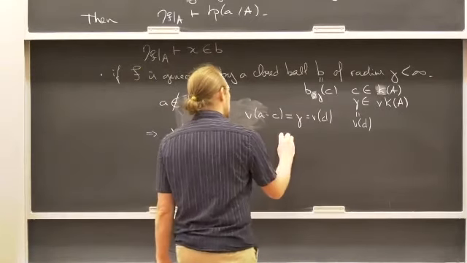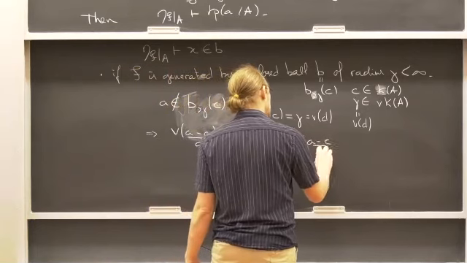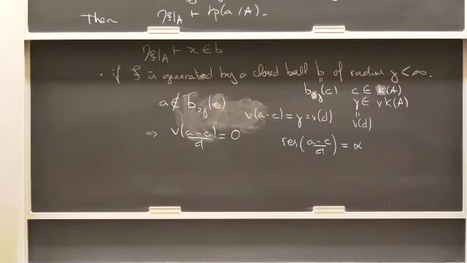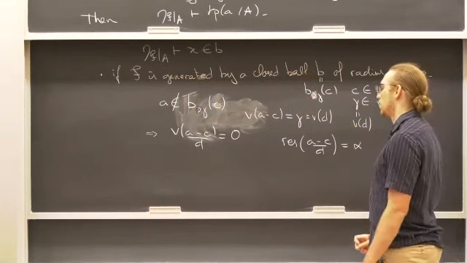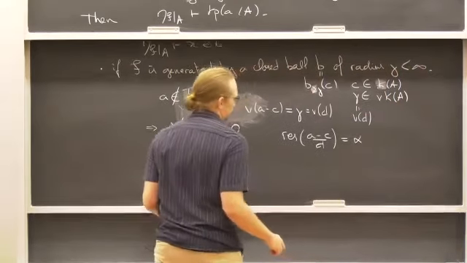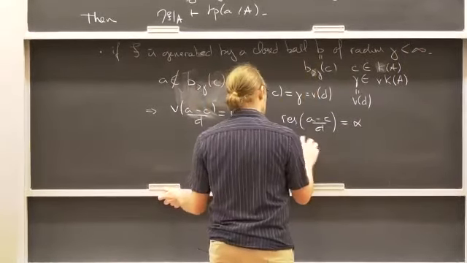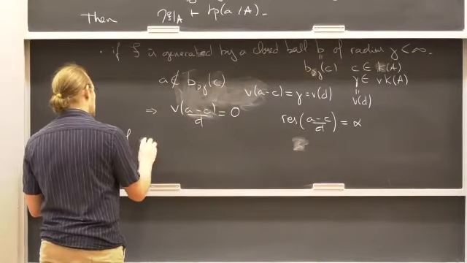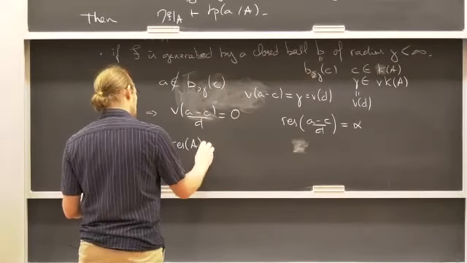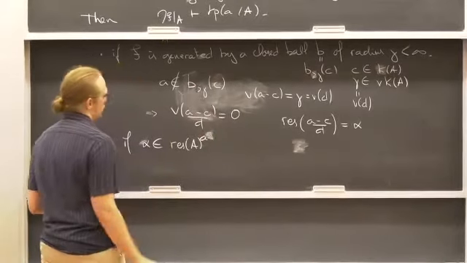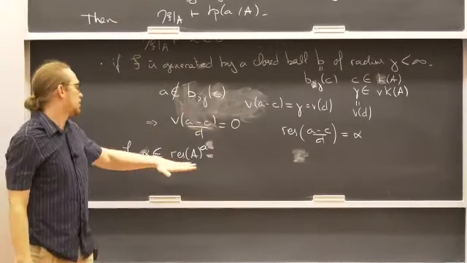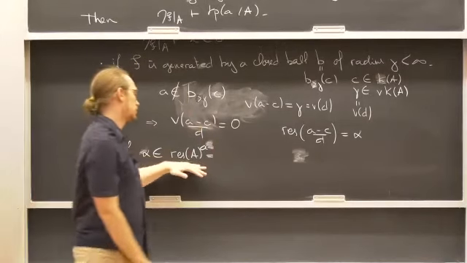So that tells us that we can take the residue of A minus C over D, and this is some alpha. If alpha is in res of A, algebraic closure, which is equal, remember, A is algebraically closed, we assume that, so the algebraic closure of its residue field is just its residue field.